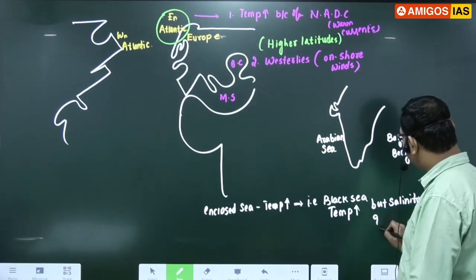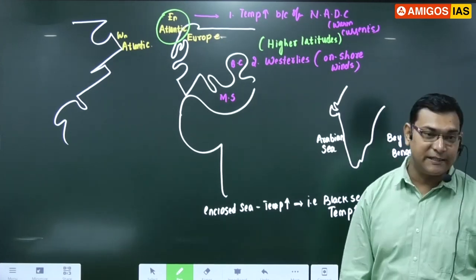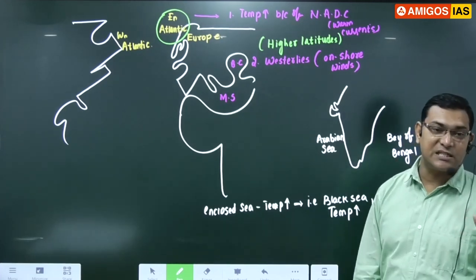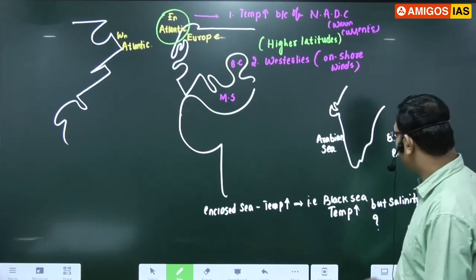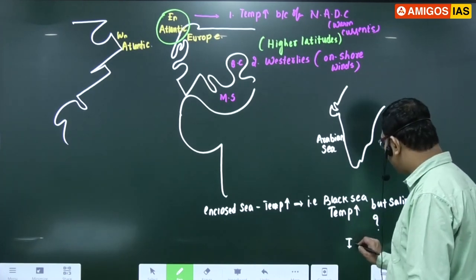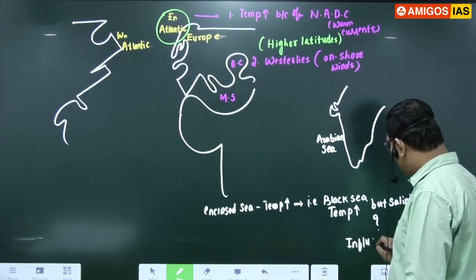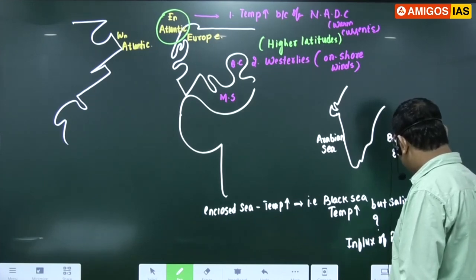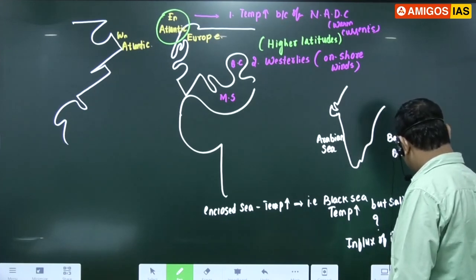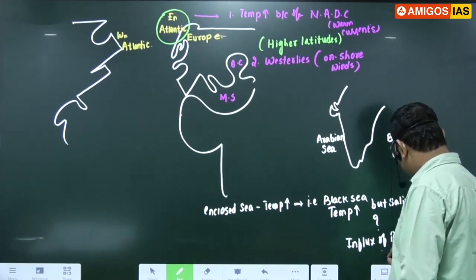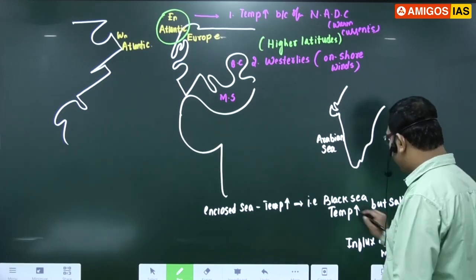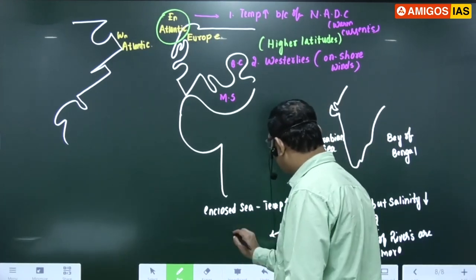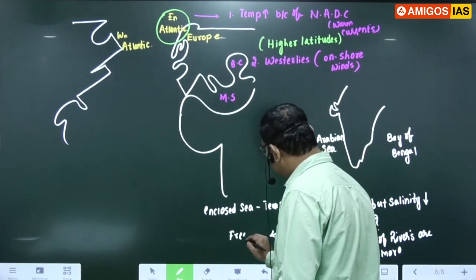Why? Because in the Black Sea there are 5 to 6 rivers that join. That is, the influx of rivers is more. So in the Black Sea, fresh water is added.